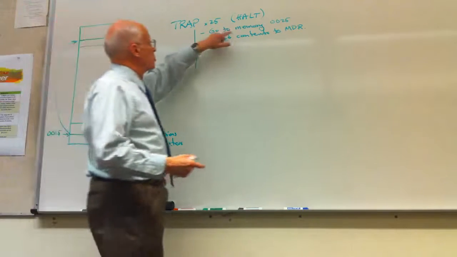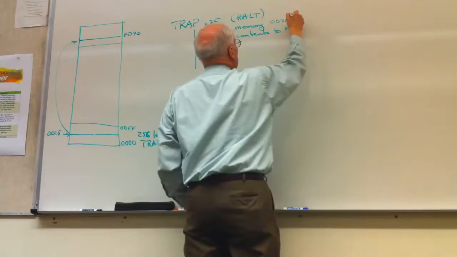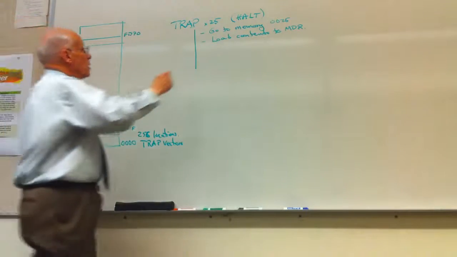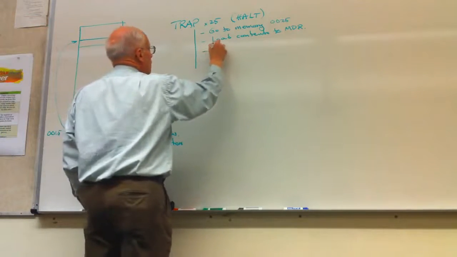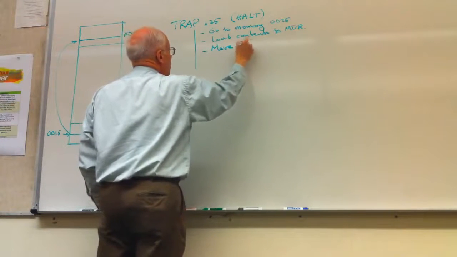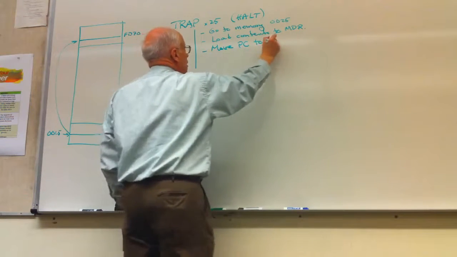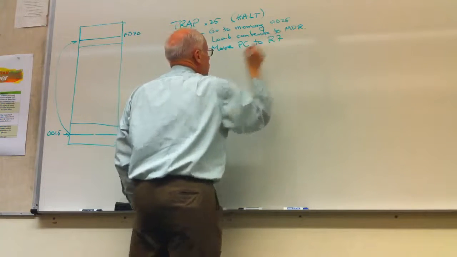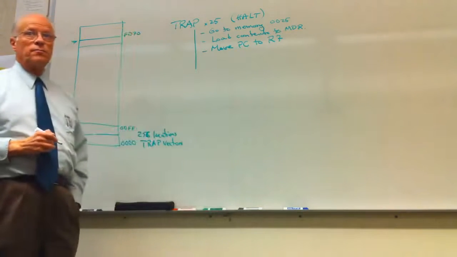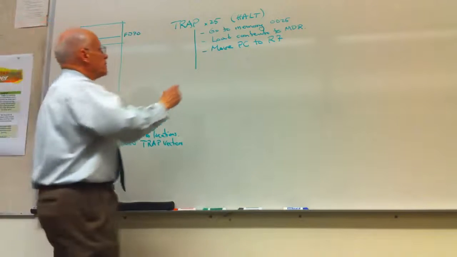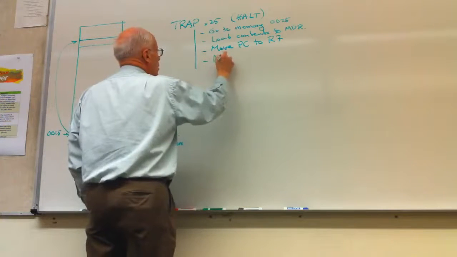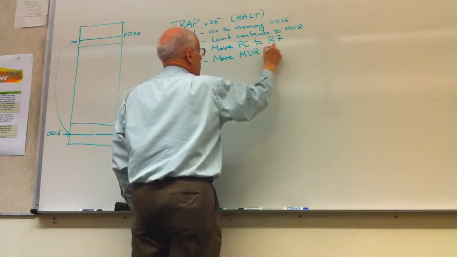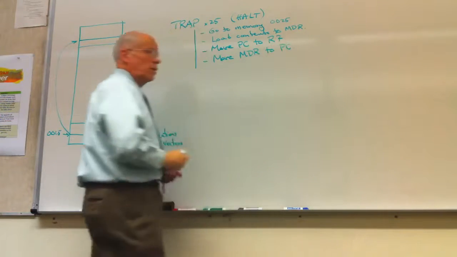Actually, what you do here is you put that in the memory address register. Then you move the contents of the program counter to register 7. Then you move the memory data register to the program counter.